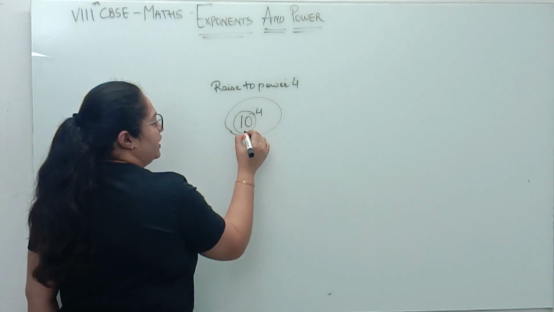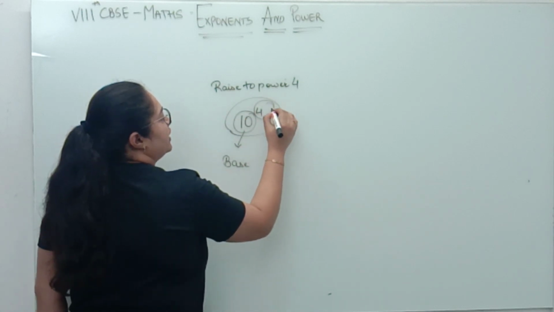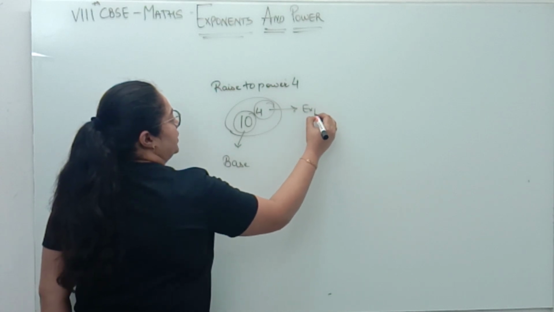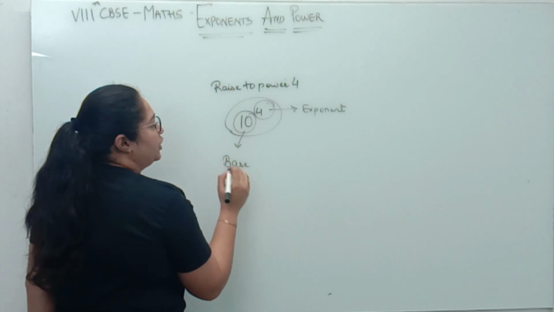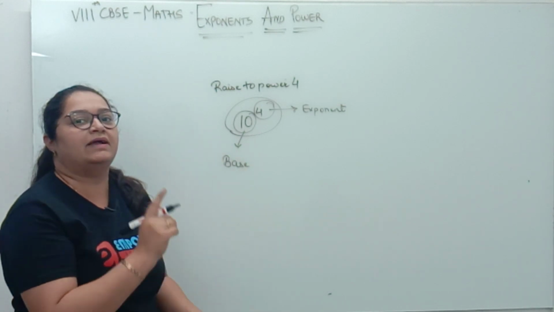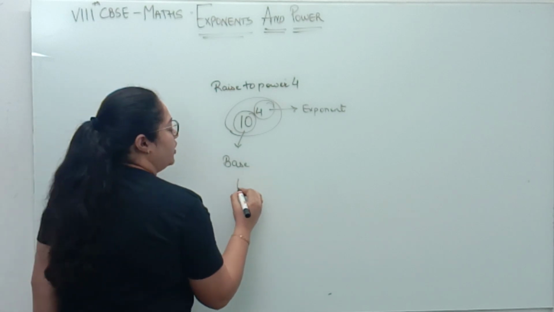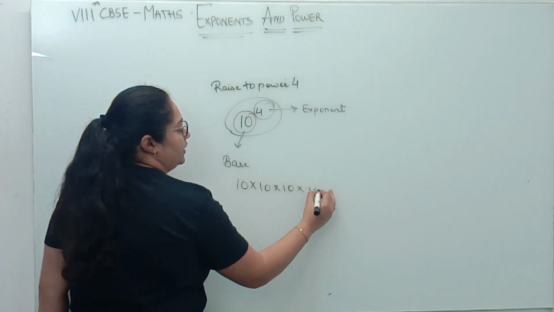The 10 over here is said as the base, whereas the 4 is called the exponent. So this means that you have to multiply 10 four times. You don't have to multiply 10 by 4. So what are you going to do? 10 into 10 into 10 into 10.